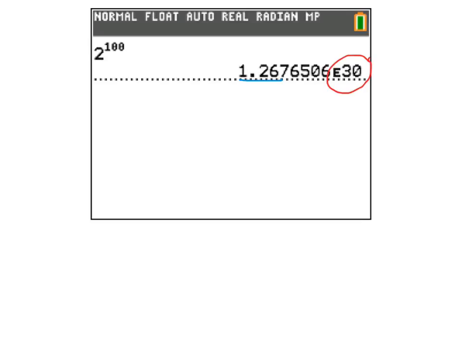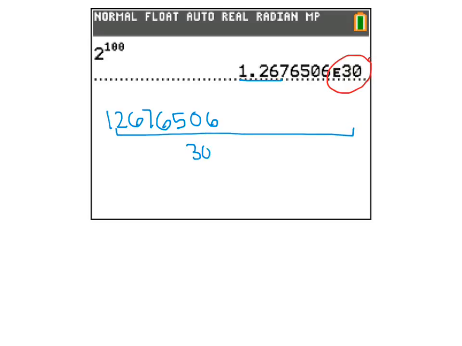This means move the decimal point 30 places to the right. So 2 to the 100 is really more like 1, 2, 6, 7, 6, and then from here all the way to the end of the number, there should be 30 digits.